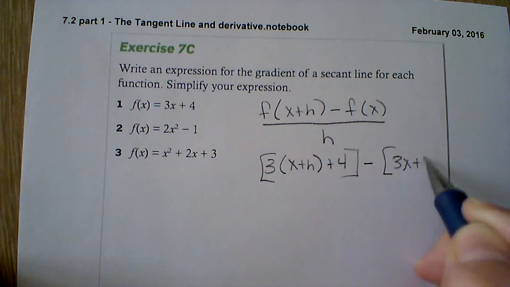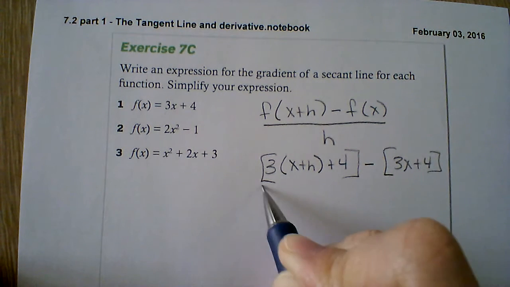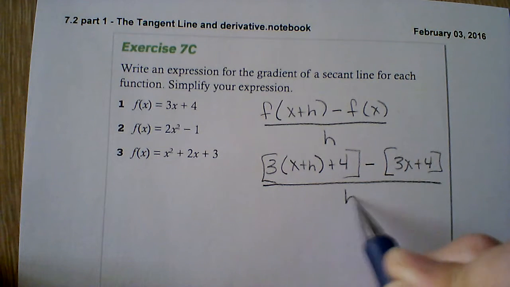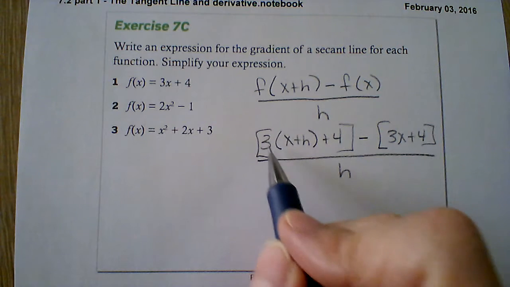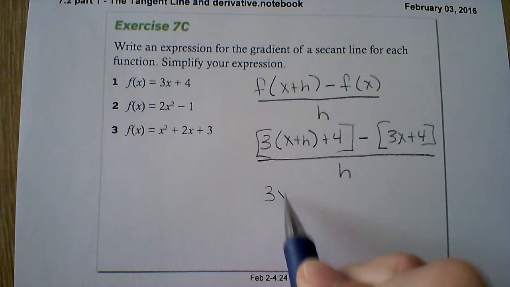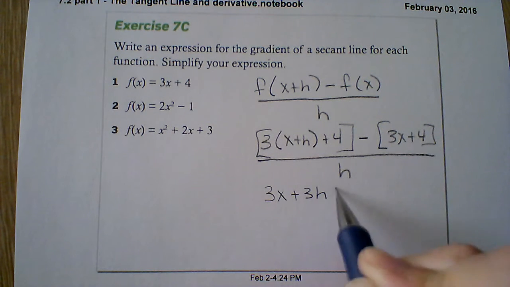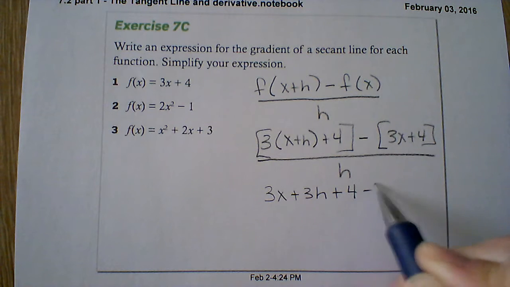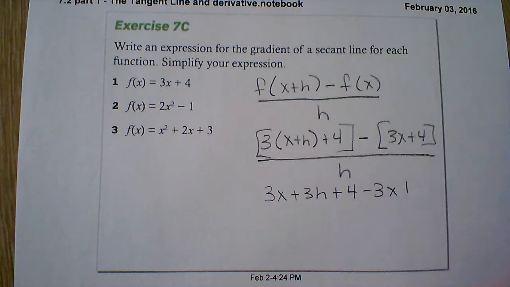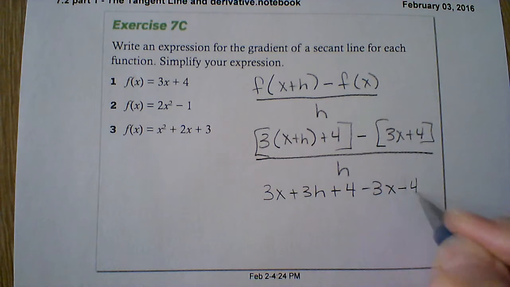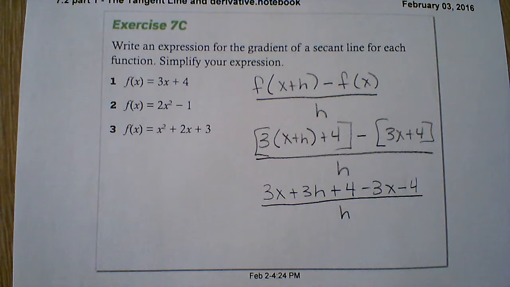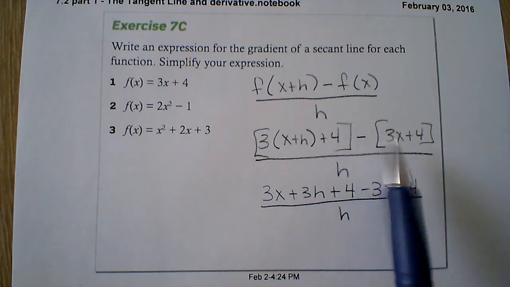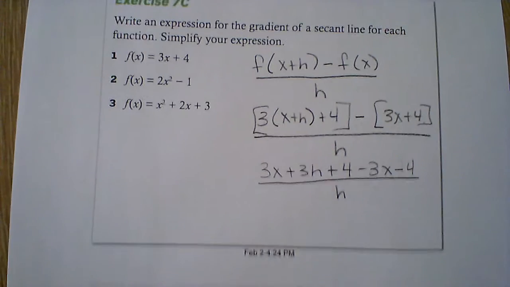Minus 3x plus 4, which is my function, f of x, all over h. So let's do our math. 3 times x, 3x plus 3h plus 4 minus 3x. Oops, see, I did it. Started to write plus. Minus 4. I have to distribute the negative, right?